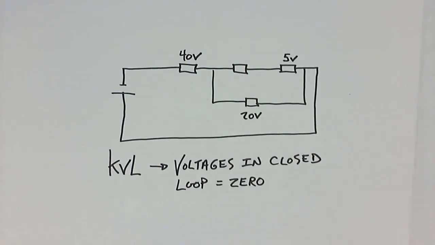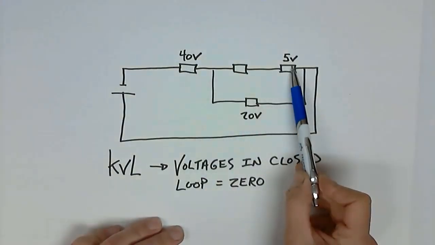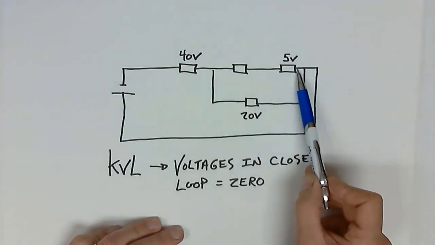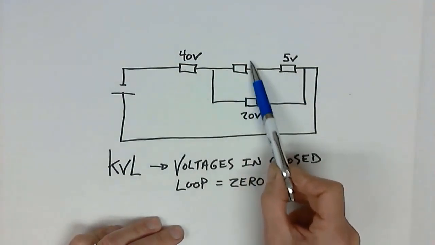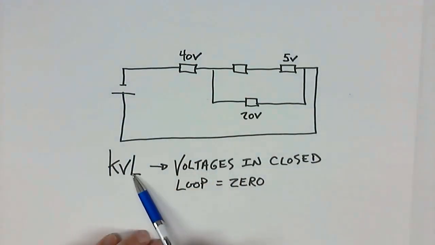And what we can do with that information is then determine missing voltage values based on what we know to be true within the circuit. So if we look at these 3 loads here that each have a voltage that have been assigned to them, and this one has no voltage and we don't know what the source is, we should be able to use Kirchhoff's voltage law in order to calculate it.